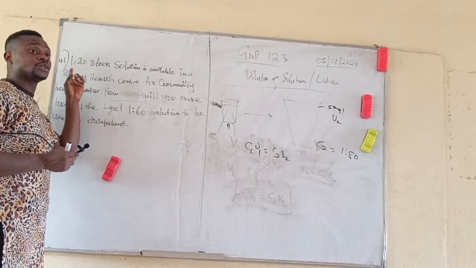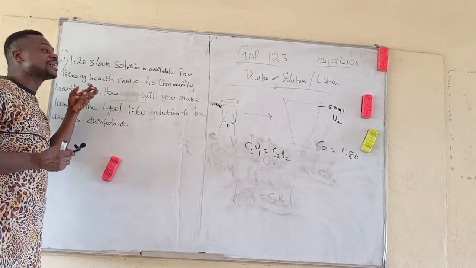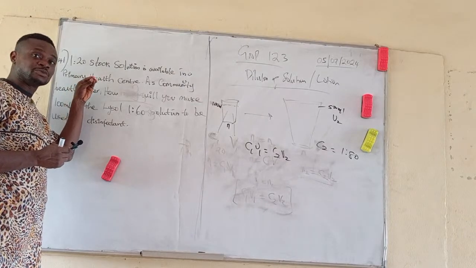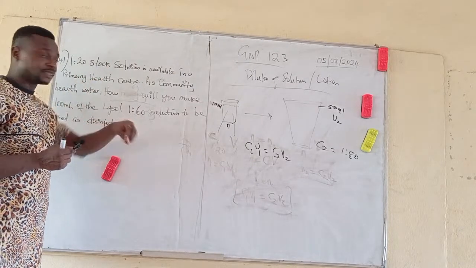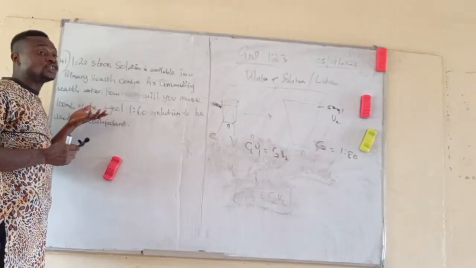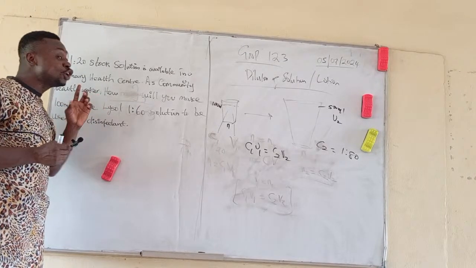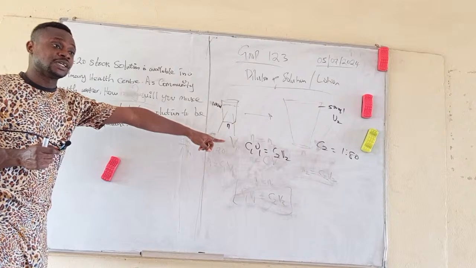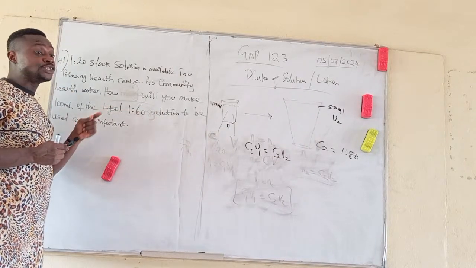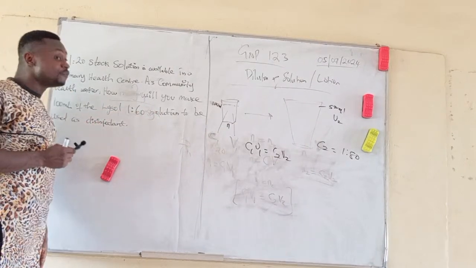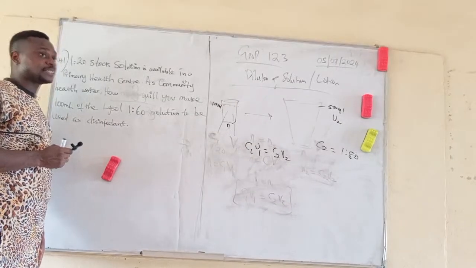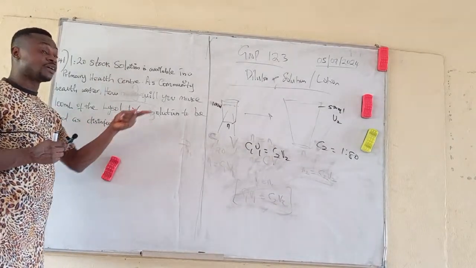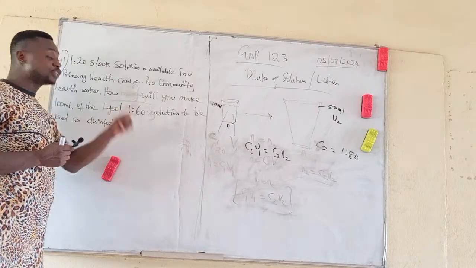You determine the volume using the dilution formula. That means you're looking for V1. V2 is the volume of the diluted one, which is 100 ml.